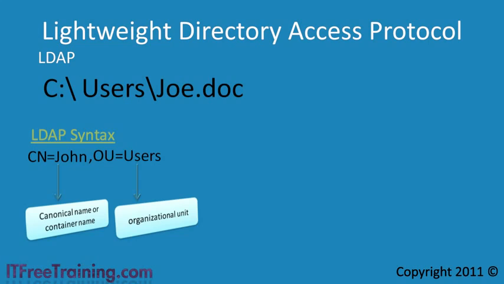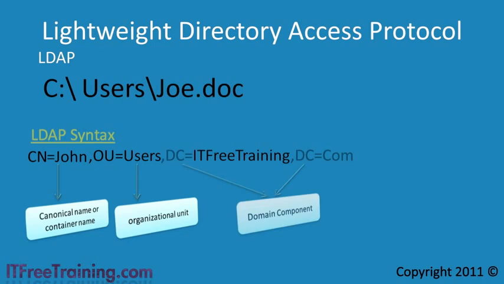In the case of files on the hard drive, I added a drive letter. In the case of LDAP, I need to add the domain it is located in. In this case, I will use itfreetraining.com. In LDAP syntax, I need to add DC equals itfreetraining, DC equals com.